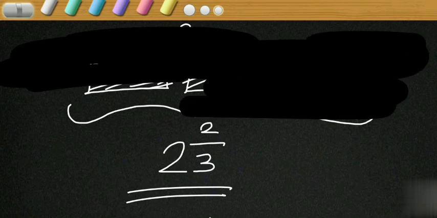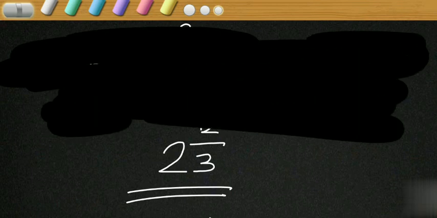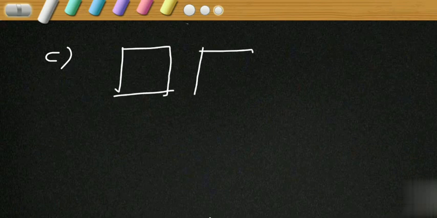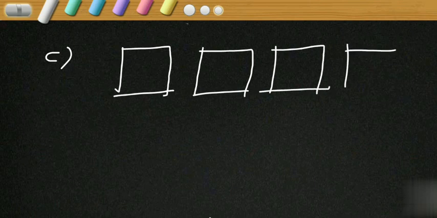See, the example is, please draw like this. 1 square, second square, let it be square. I can't draw that accurately.